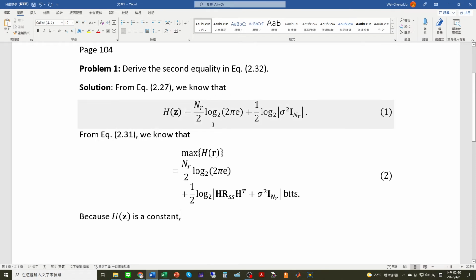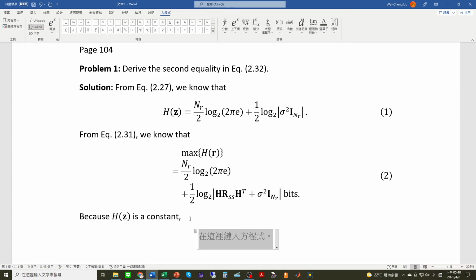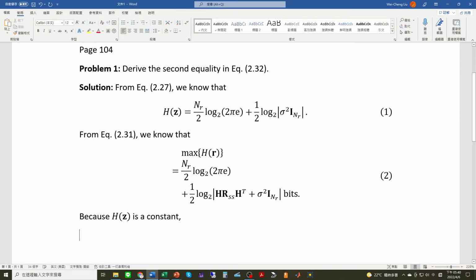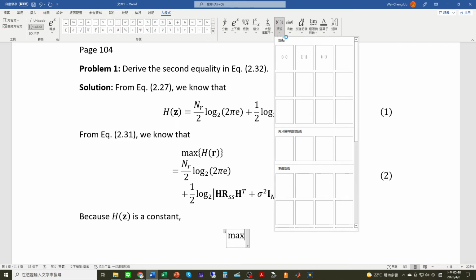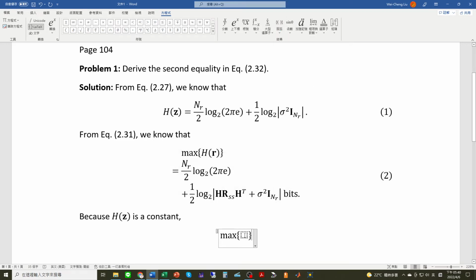That is, we do not have any random variable or random vector or random matrix here. So the maxima of h of r minus h of v.